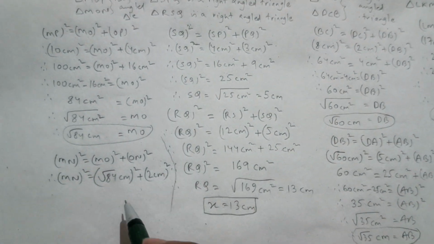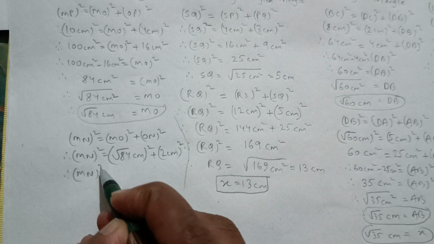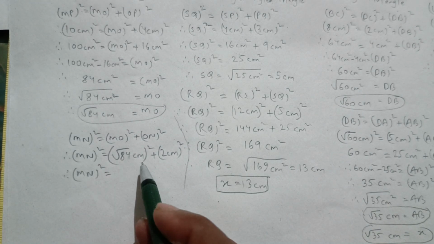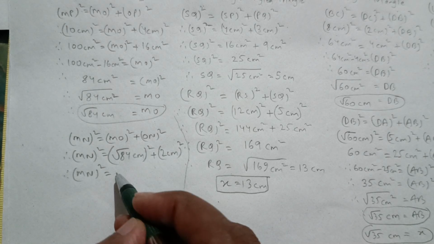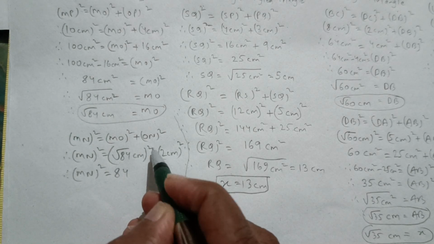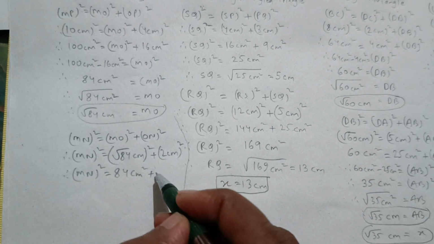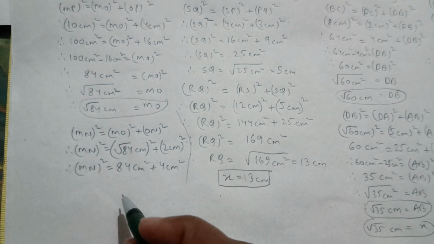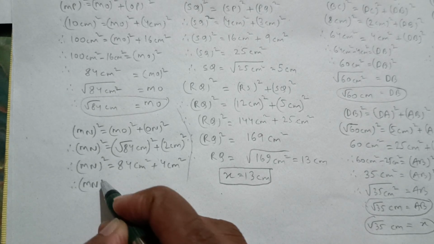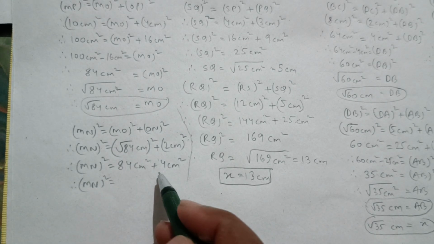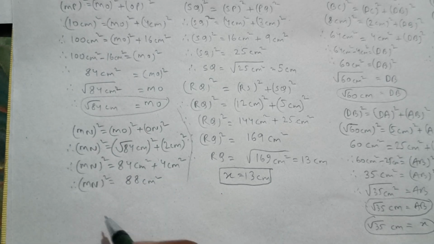Okay, so now let's find it. MN whole square is equal to square root of 84 centimeter whole square, which is 84, so 84 centimeter square, plus 2 centimeter whole square, which is 4 centimeter square. So MN whole square is 84 plus 4, which is 88 centimeter square.